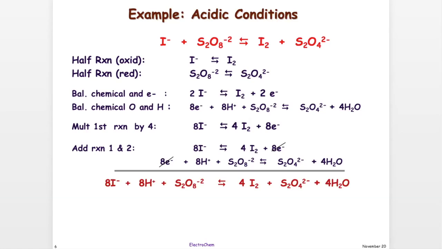-16 and -2, that's -18. The sulfur here has got to be a positive 9. A positive 9 will make this a positive 18, a -16, that, sorry, the sulfur here should be a positive 7.